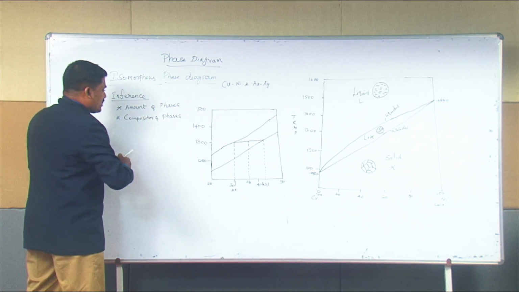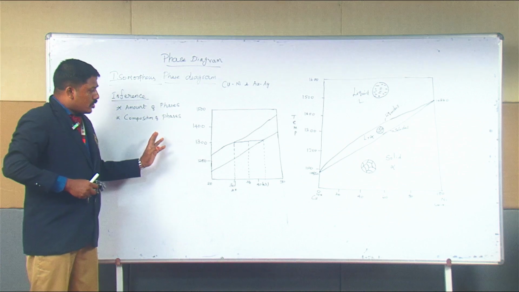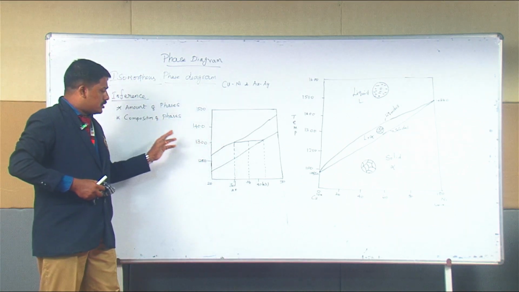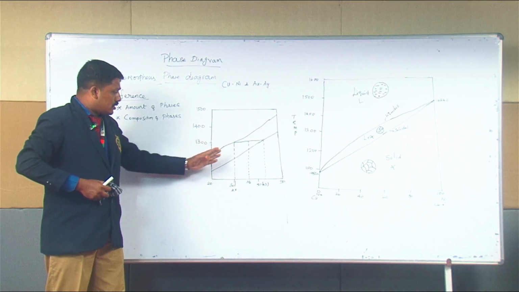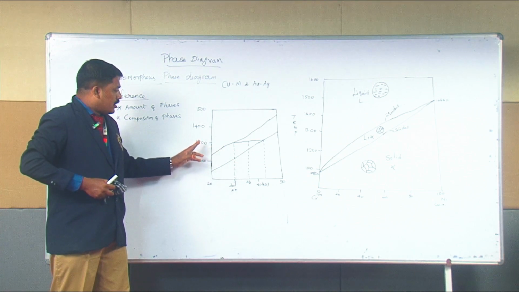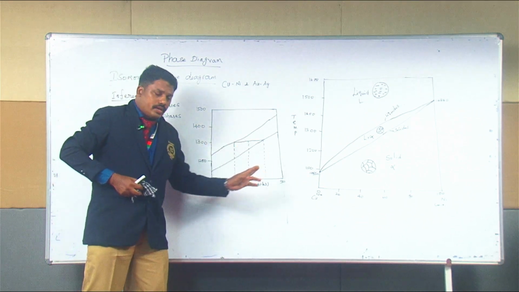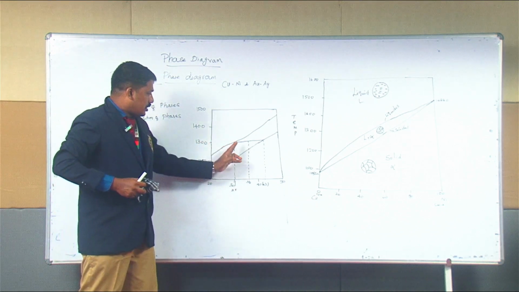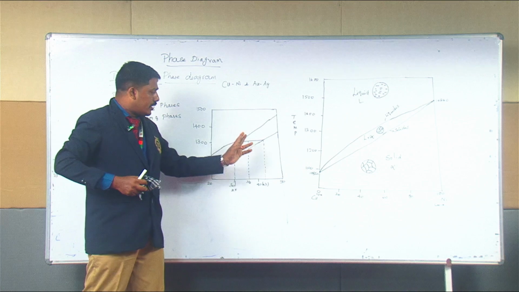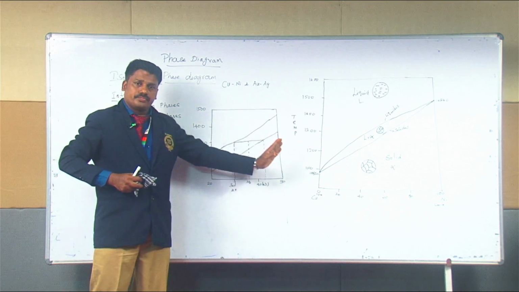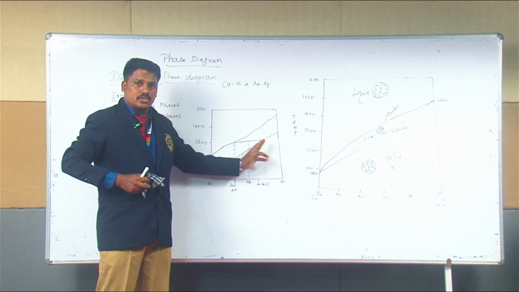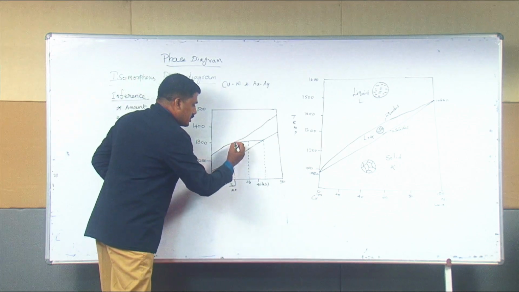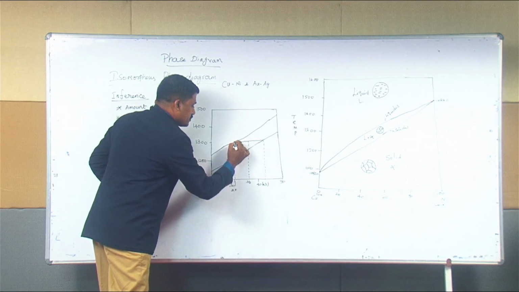The tie line is nothing but an isothermal line. We draw a horizontal line for the specific temperature, exactly at 1300 degrees Celsius. The isothermal line is drawn between the two boundaries and intersects the two opposite boundaries.